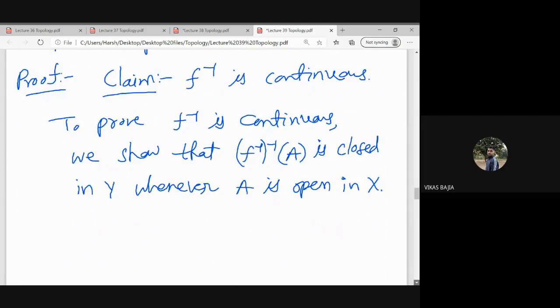A is closed, right, you are right. So that is a closed set.